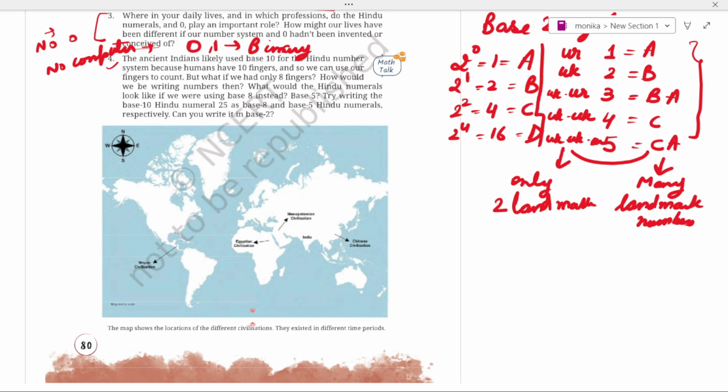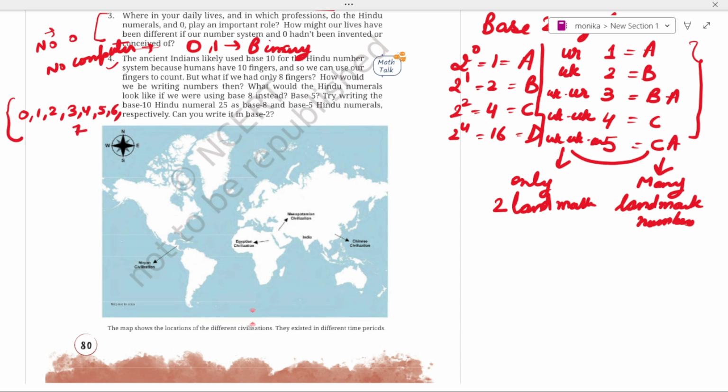Question number 4. The ancient Indians likely used base 10 for the Hindu number system because humans have 10 fingers. So we can use our fingers to count, but what if we had only 8 fingers? How would we write numbers then? If we have only 8 fingers, the digits will be 0, 1, 2, 3, 4, 5, 6, 7.